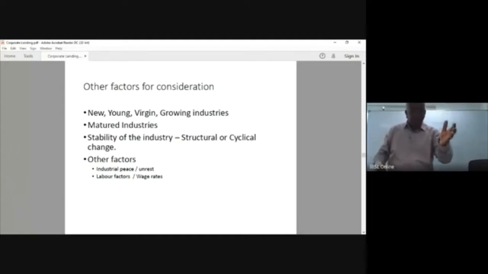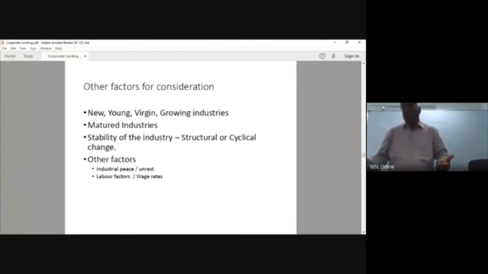So there are new, young, virgin, growing industries, and then matured industries, and you check whether your customer is operating in a matured industry and whether it is an efficient and effective company. Then they can withstand and survive. Then there is the stability of the industry, whether the particular industry is stabilized, because sometimes some industries may close.